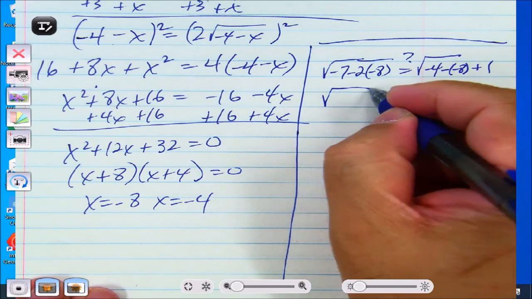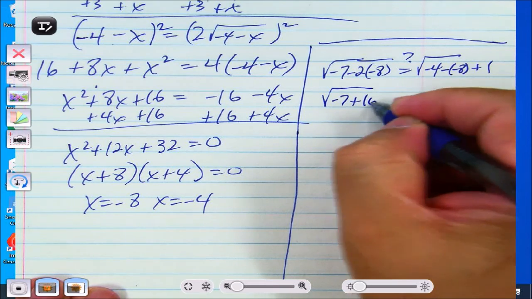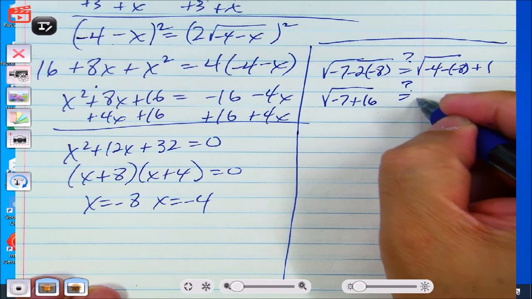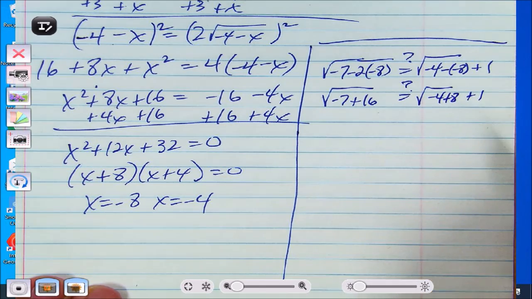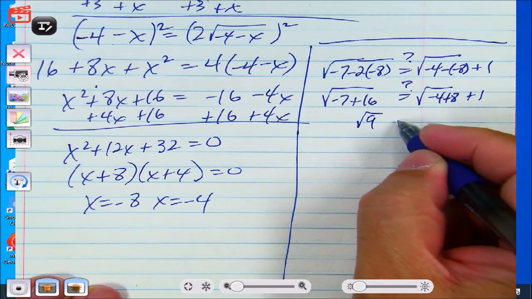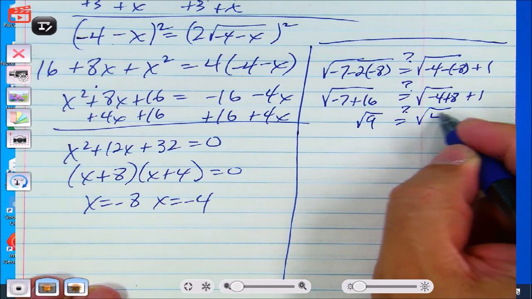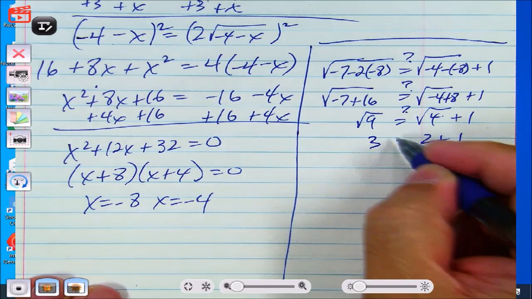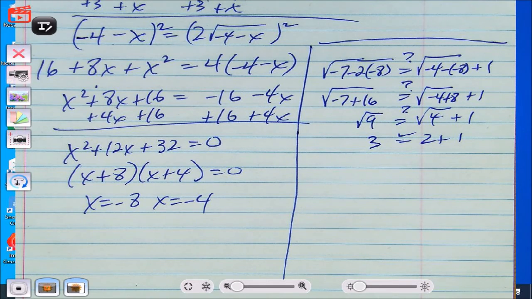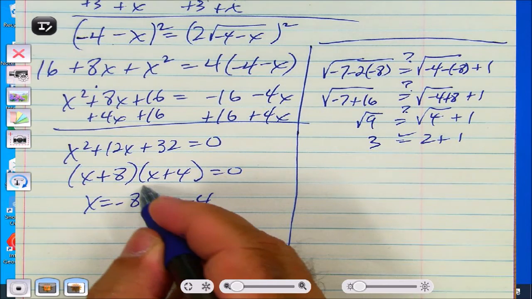So that's the square root of negative 7 plus 16 and negative 4 plus 8. So that's the square root of 9. Is that equal to the square root of 4 plus 1? Yes. So yes.